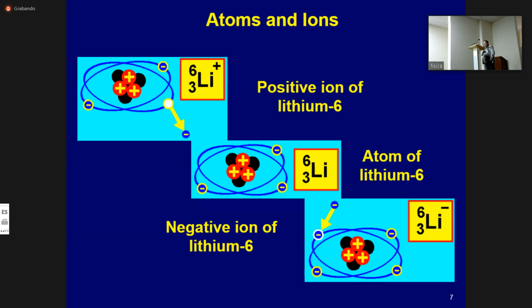If an atom is placed in a medium that interacts intensively with it, for example, water, the atom will acquire another stable structure. It can lose a few electrons from the shell and become a positive ion, or it can capture a few electrons and become a negative ion.